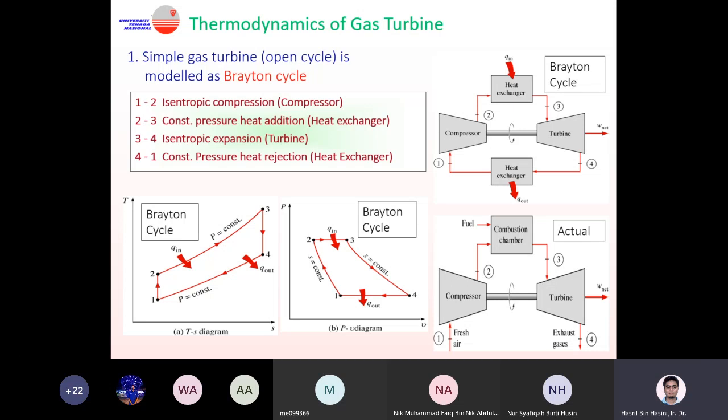And finally, you have heat rejection. So this is a typical Brayton cycle. Now you have a Rankine cycle, the cycle that represents our steam turbine, and now we have the Brayton cycle, the cycle that represents the gas turbine.